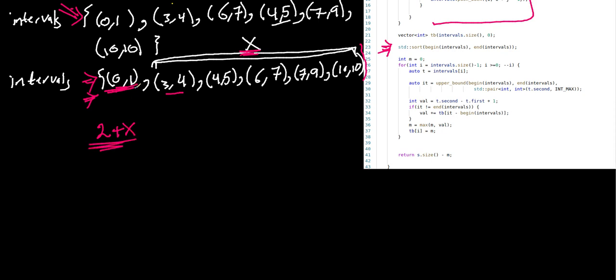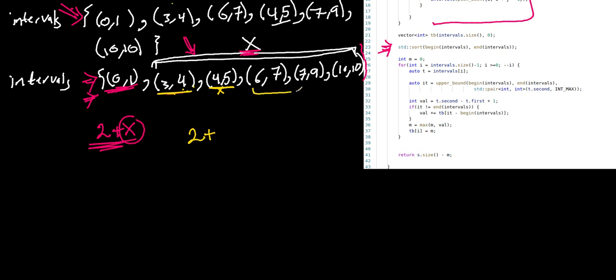So now instead of solving for the whole vector, we need only to solve for this part, and again to solve for this part we have 3, 4, this interval of length 2 plus, now 3, 4 overlaps with this one, so we skip this one.